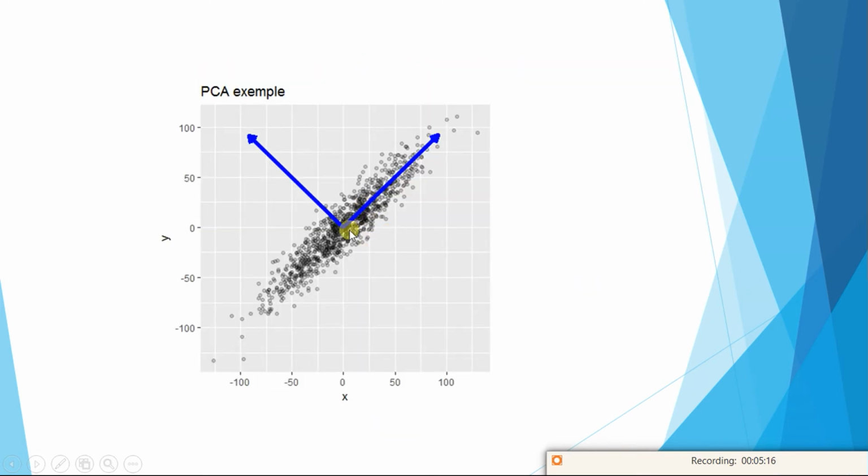Eigenvectors tell in which direction there is maximum variation. And what does an eigenvalue tell? It tells how much variation is in that direction. So the eigenvalue of this vector will be larger than the eigenvalue of this other vector, because there is more variation in this direction with respect to this direction.